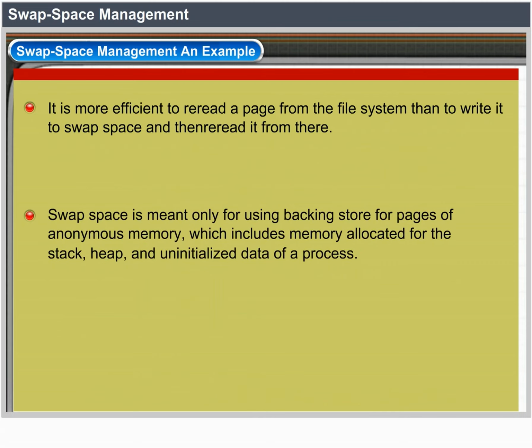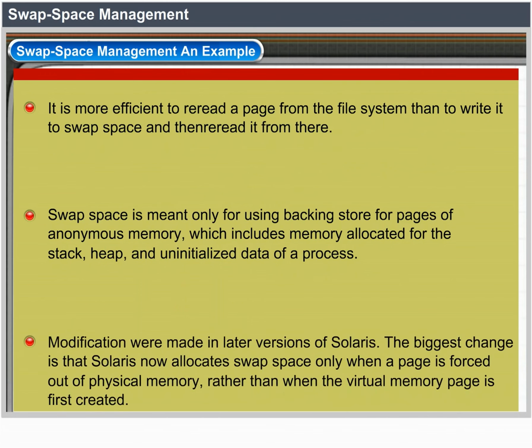More changes were made in later versions of Solaris. The biggest change is that Solaris now allocates swap space only when a page is forced out of physical memory, rather than when the virtual memory page is first created.